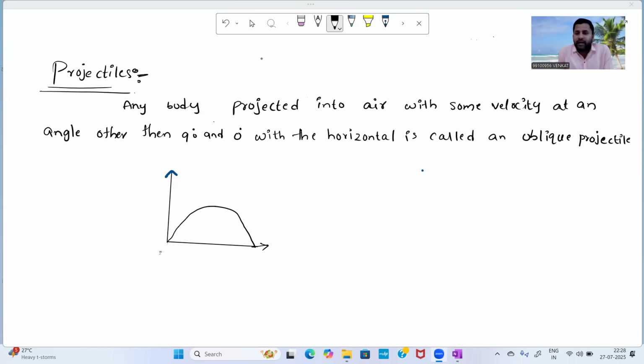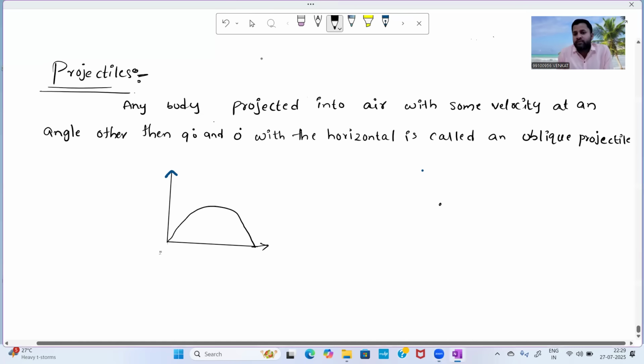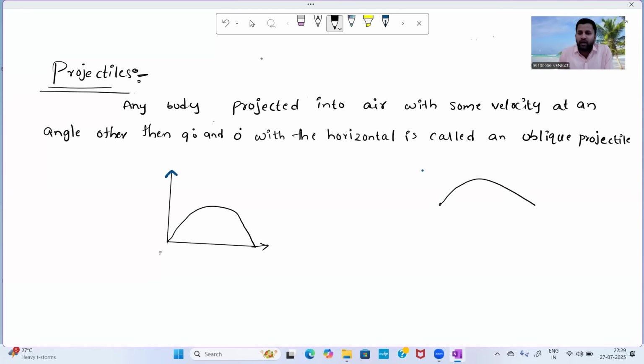I will first give a general idea. Suppose you are playing cricket and the batsman hits the ball for a six. The ball moves along this path, based on how much force he applies and at what inclined angle with the horizontal, and reaches different places.